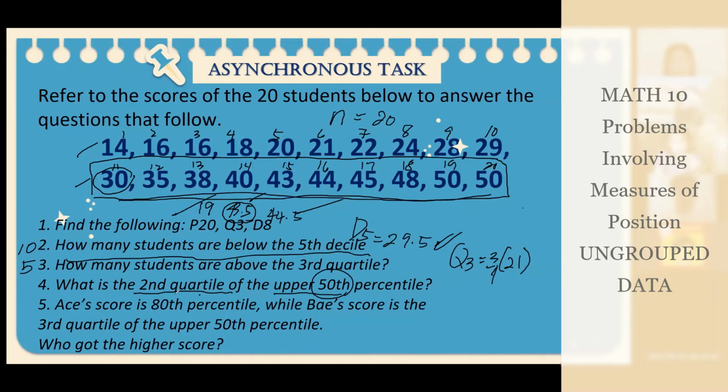So, when we see second quartile, it's the same as median again, right? So, hanapin lang natin ano yung kalahati nito. From 1 to 10, ano yung kalahati? Between 5th and 6th. So, 1, 2, 3, 4, 5. Ito yung kalahati. So, it's between 43 and 44, kaya 43.5 din yung sagot.